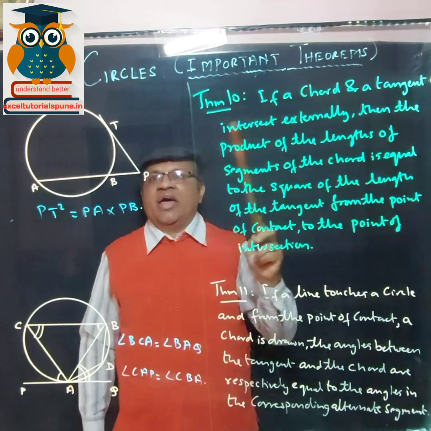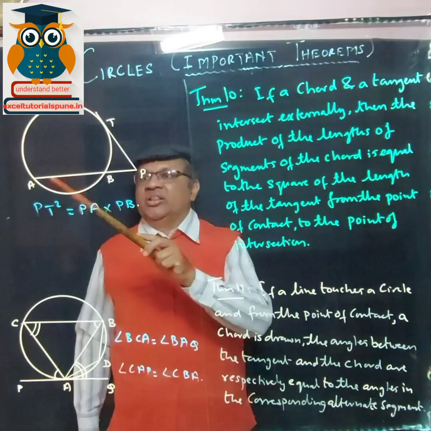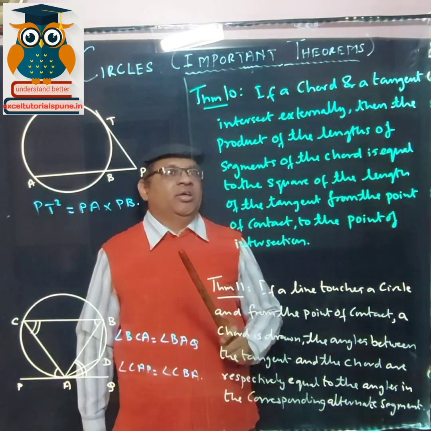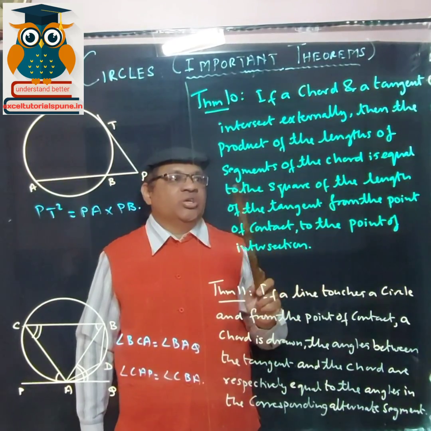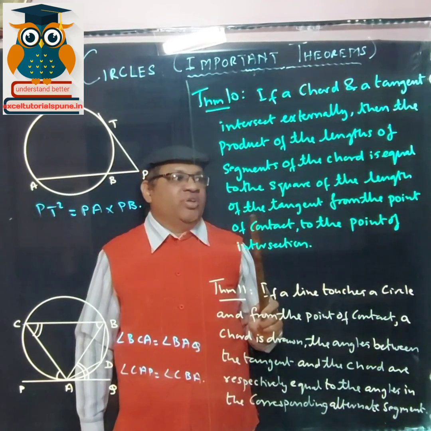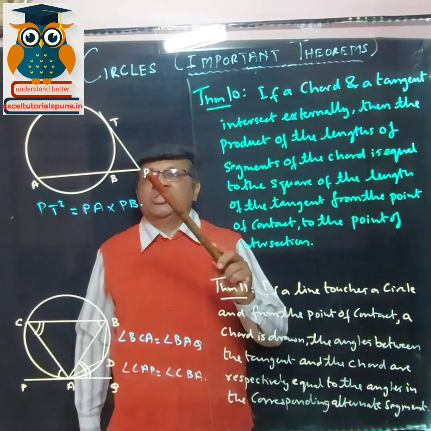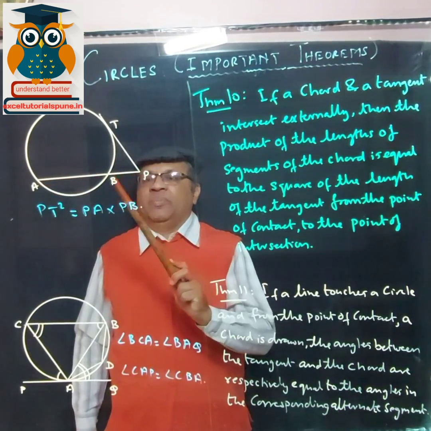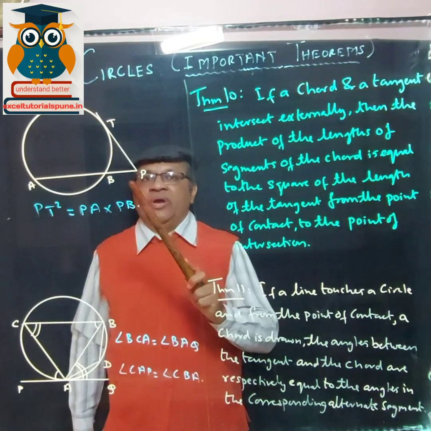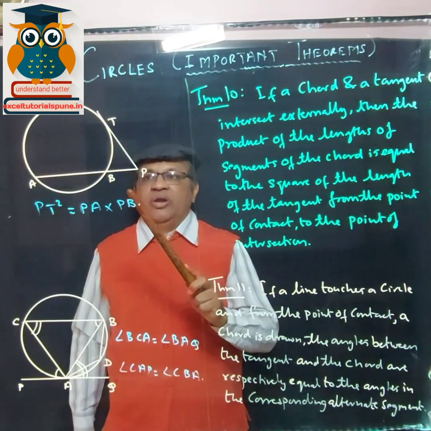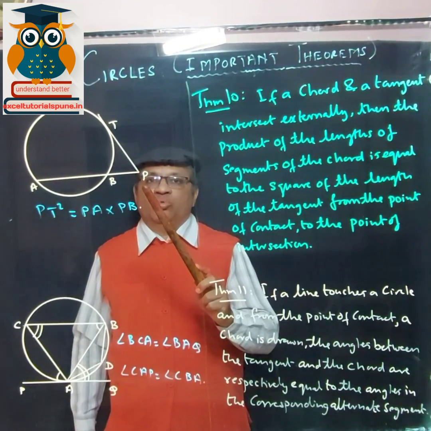If a chord and a tangent intersect externally, then the product of the lengths of the segments of the chord is equal to the square of the length of the tangent from the point of contact to the point of intersection. That means PT square is equal to PA into PB, the product of the segments of the chord is equal to the square of the tangent between them.